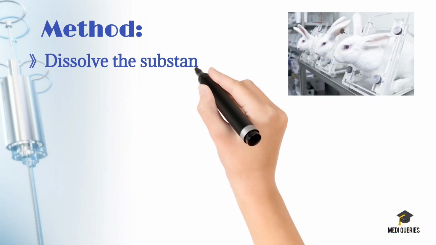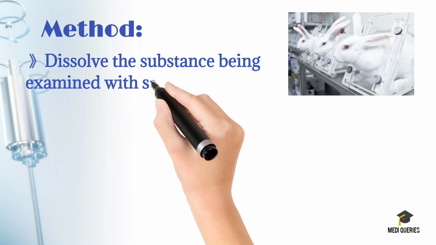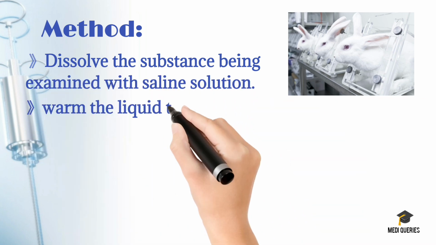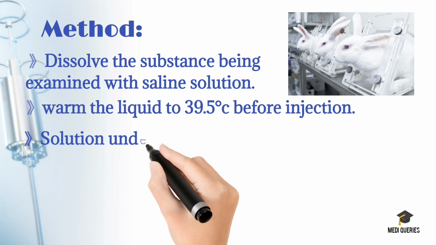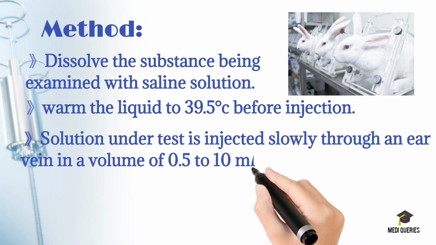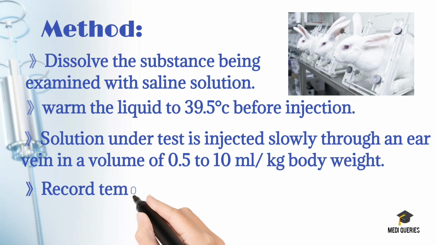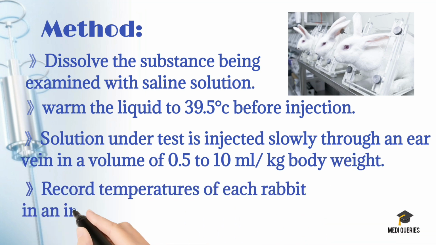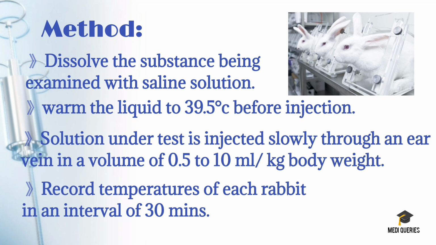Coming to the method of how to conduct this test: the test is carried out in an air-conditioned room. Dissolve the substance being examined in, or dilute it with, a pyrogen-free saline solution. Warm the liquid being examined to approximately 38.5 degrees before injection.